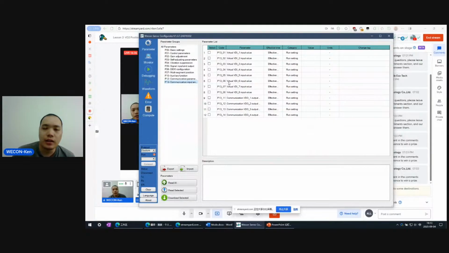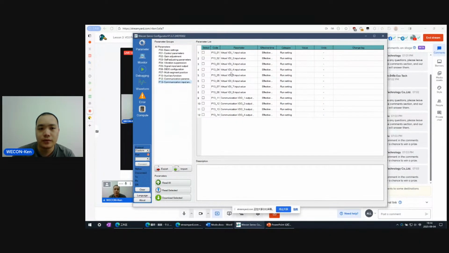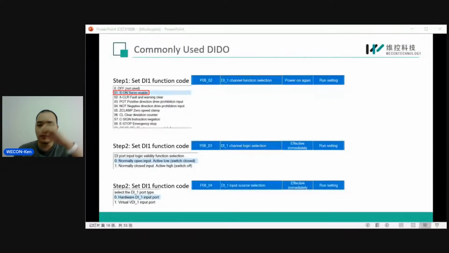Here, you can see in certain groups there are virtual DI inputs from DI 1 to 8. We can use this Modbus address to set the signal, to set it on or off.